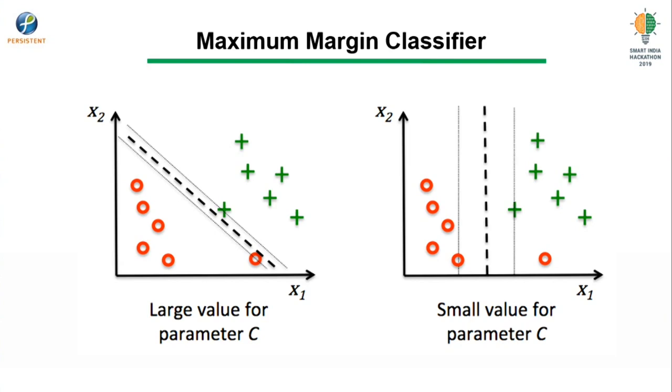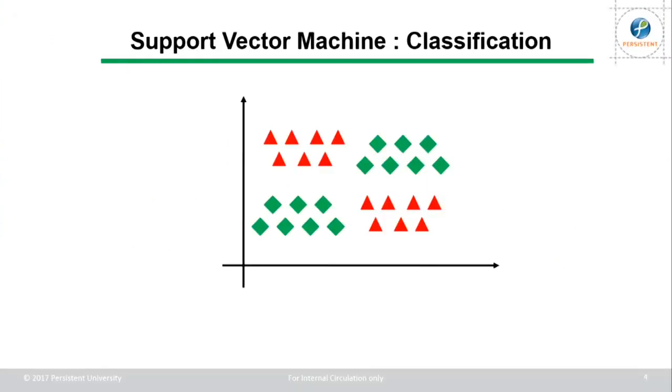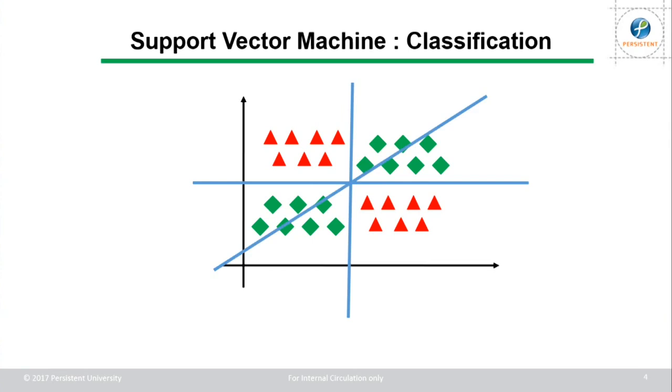So, we will take a quick look at the Jupyter notebook, but before that let me ask you a question. Supposing you want to classify this type of data points, as you can see here there are some red points and green points, and they are mixed in such a way that no matter how you draw a line on this, like this for example, or a horizontal line like this, or any other kind of line, these two classes are inseparable.